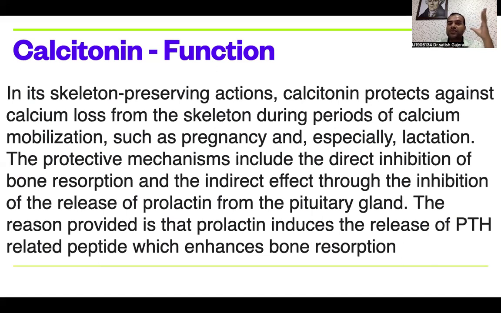In its skeleton preserving action, one function is breaking down of bone, and the other is to protect against calcium loss. So whenever there is calcium loss, like during pregnancy and lactation, calcitonin production is decreased due to negative feedback.